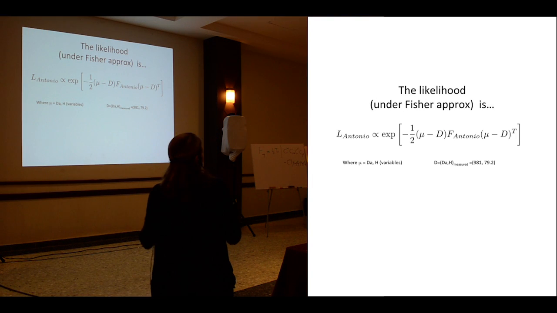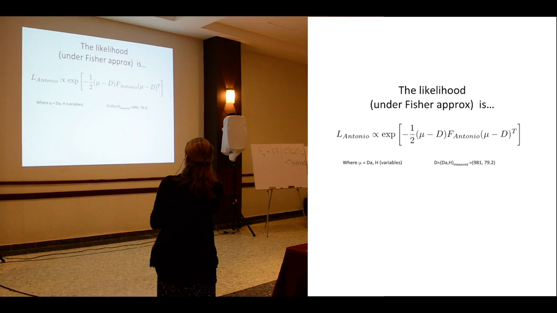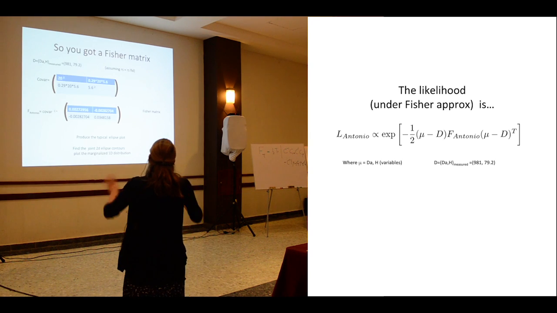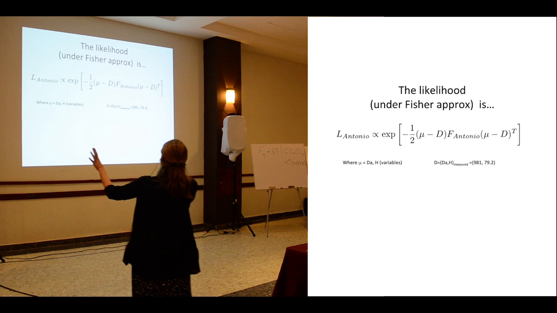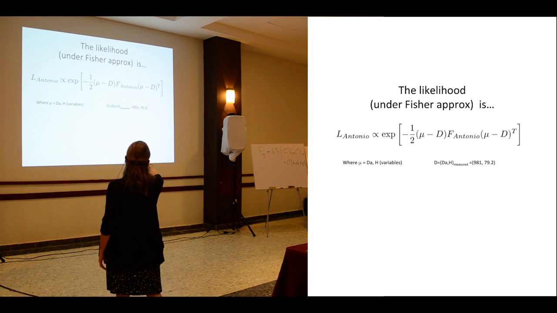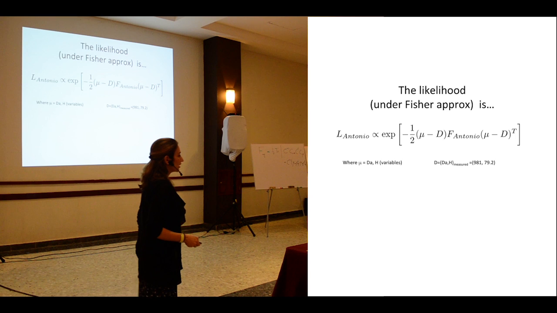The way I see things is that once we have this, we can write the likelihood, which is taking everything Gaussian: e to the minus one half, mu is data minus this, where dA and H are the variables, the quantity you want to plot, and d was the measurement, and this F is the F you just found.